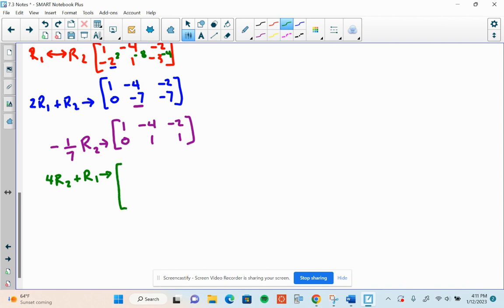I'm just going to pencil in the numbers that I'm going to add: 0 times 4, 1 times 4, 1 times 4. Then I add those numbers. So now I have 1, 0, 2, and 0, 1, 1.